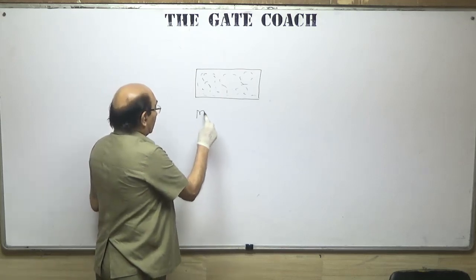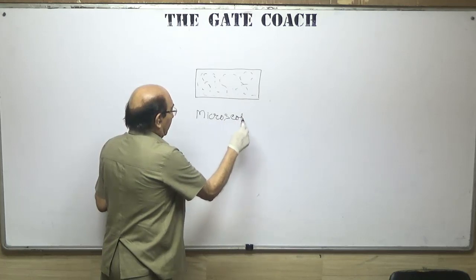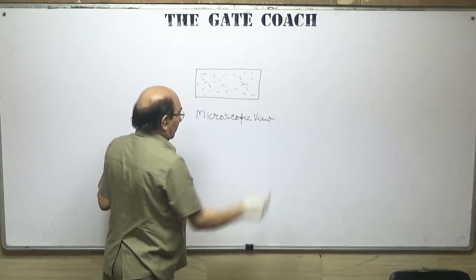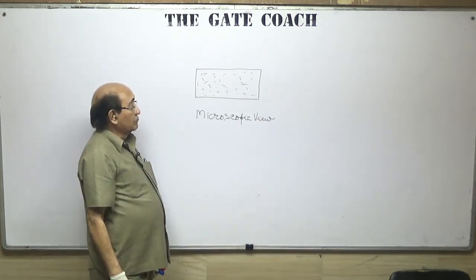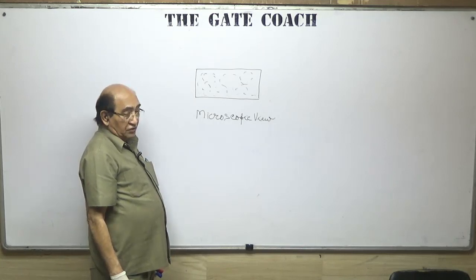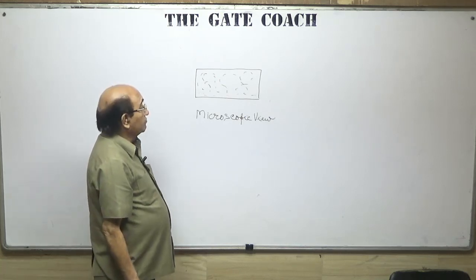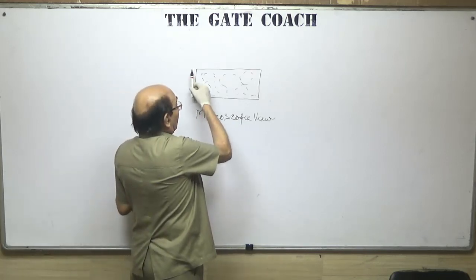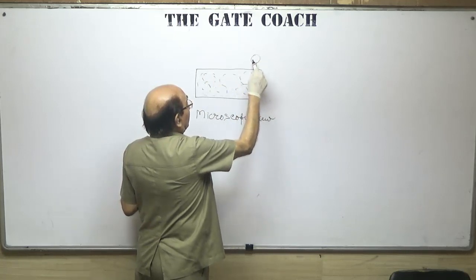we'll be calling this a microscopic view of looking into the thermodynamic system. Whereas, if we don't talk about molecules, and talk about the system as a whole, say I have to talk about the pressure, I put a pressure gauge and read the pressure.